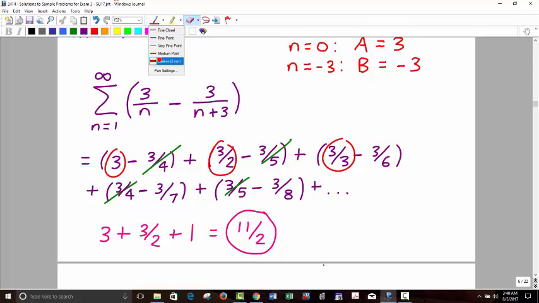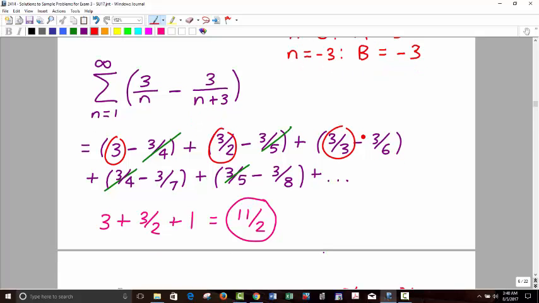So we ignore those, and then we look at the terms that are left for sure. They aren't going anywhere. They're neither fading away nor canceling. We have a 3. So you put 1 in there, you get 3 over 1 minus 3 over 4. You put 2 in here, you get 3 over 2 minus 3 over 5. You put 3 in here, you'll get 3 over 3 minus 3 over 6, and so forth.